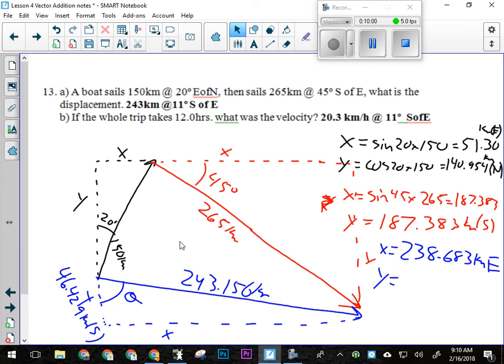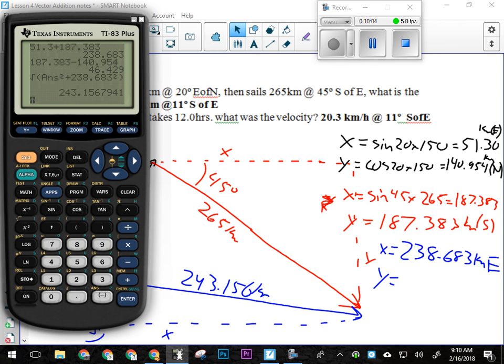We need that vector there. The way I drew it, x is the opposite side. So I'm going to go second tan of the 238.683 divided by 46.429. Okay, so 79 degrees.